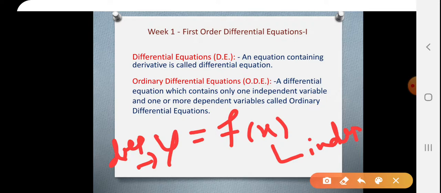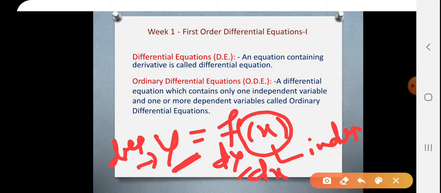So here ordinary differential equation means x is only one single variable, and instead of y you may take u, v, w, but all are functions of x. As soon as x changes, y changes, u changes, v changes, like that. So here only one independent variable and one or more dependent variables. Means I get only dy by dx.